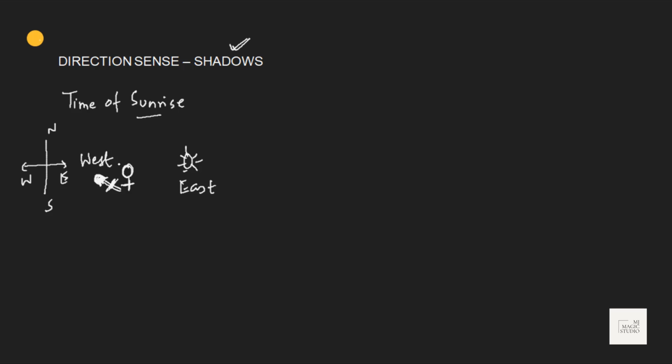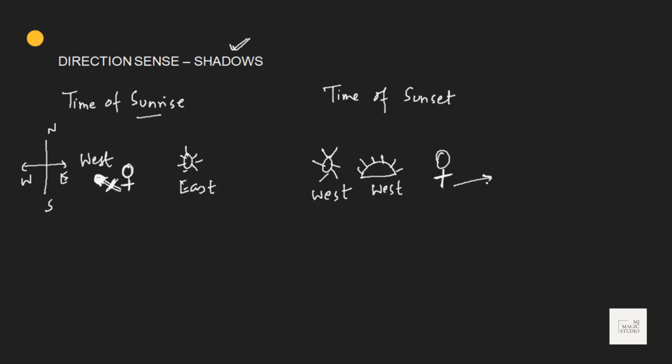And similarly, at the time of sunset, in the evening when the sun sets in the west, it's like sun setting. Let me draw sunset in the west, then the shadow of this person would be, yes, where?